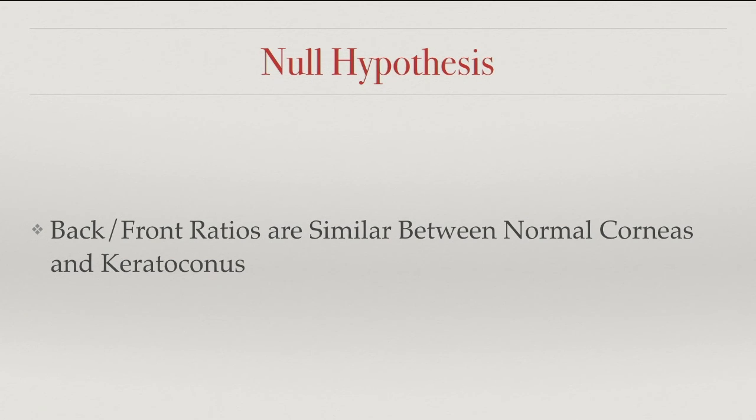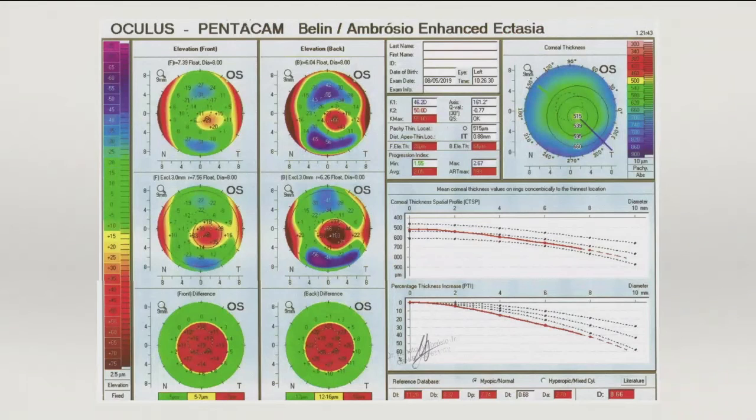Since we began analyzing the posterior surface of the cornea, with the seminal papers from Carlos Arce, Renato Ambrosio and Michael Belin, we know that the keratoconus eye has a different progression of thinning, and it progresses more aggressively towards the apex, the thinnest part of the cone.